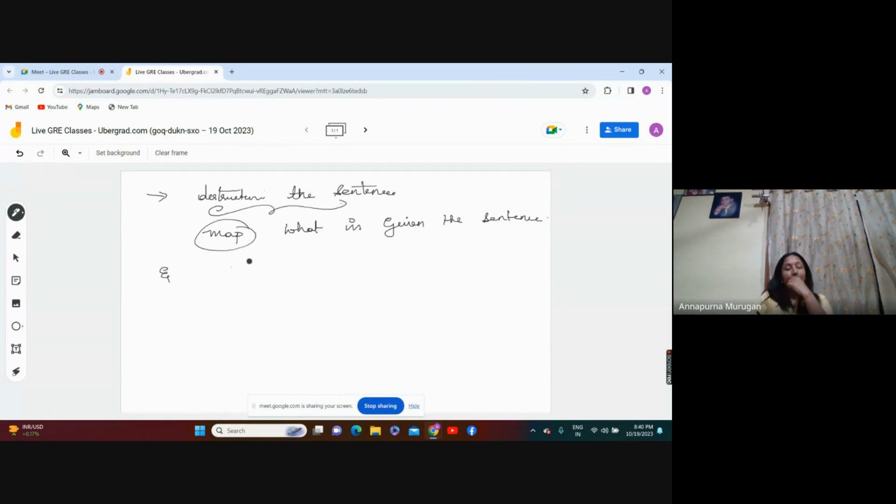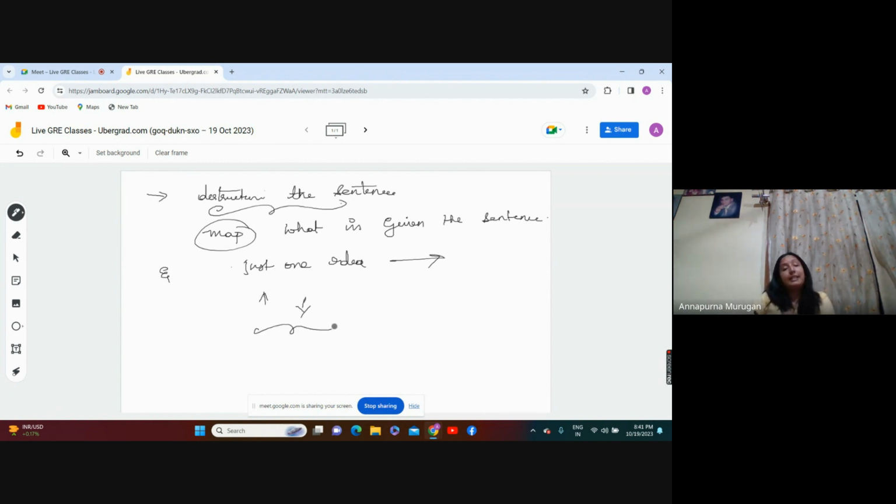Whether the sentence has just one idea, and whether that idea is moving in the same direction, or whether there are multiple ideas. If we have multiple ideas, whether they are in the same direction or in the opposite direction.